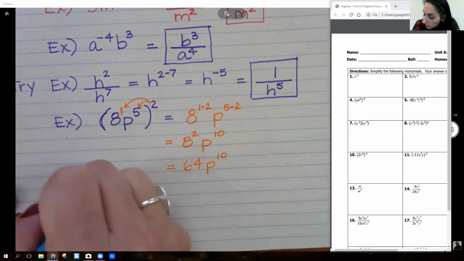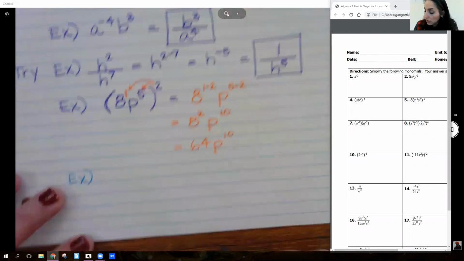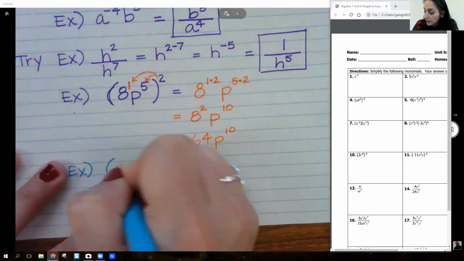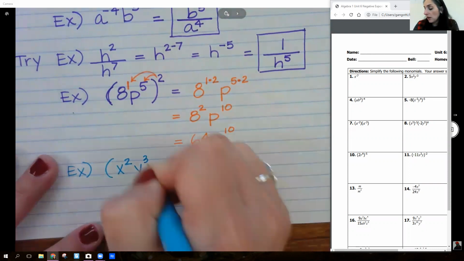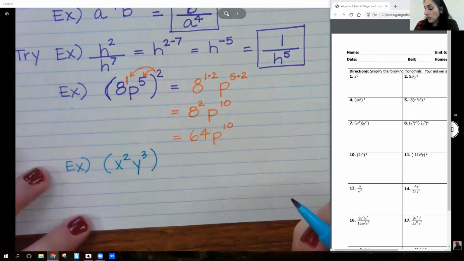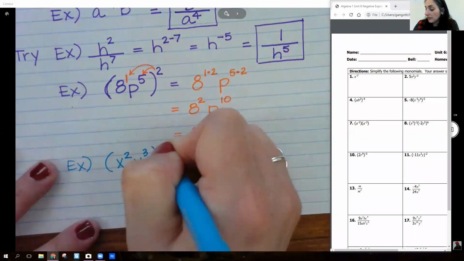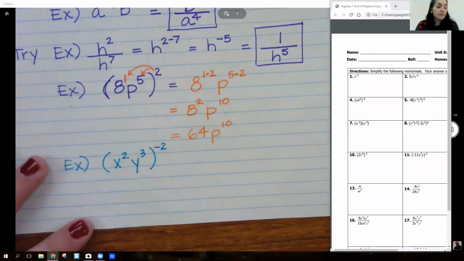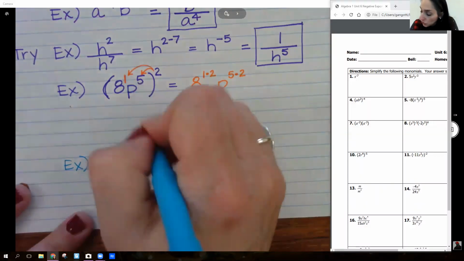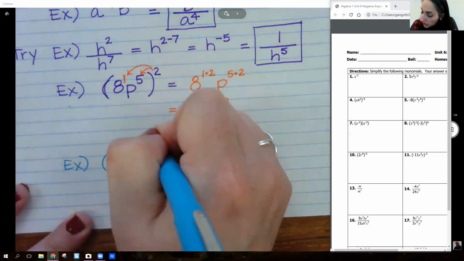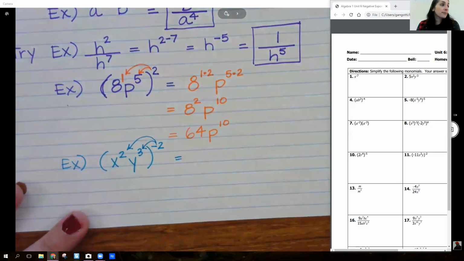Let's say that you have x squared y to the 3rd raised to the negative 2. So you're going to do the same thing that you did in the last example. Distribute the -2 to each one of those exponents.